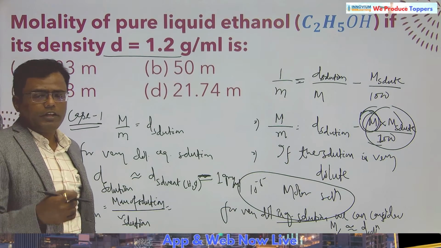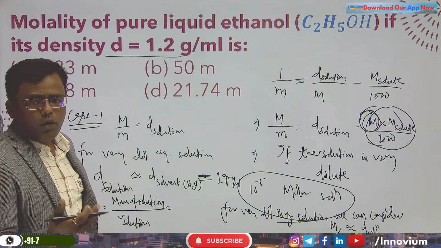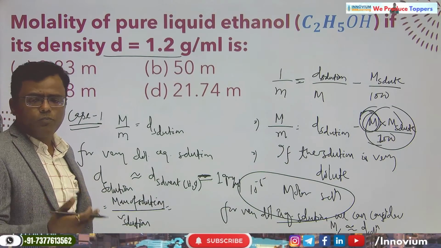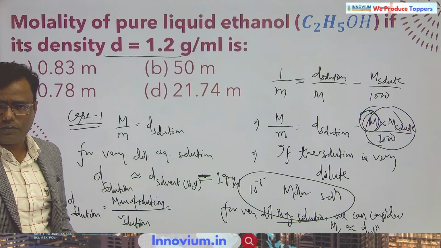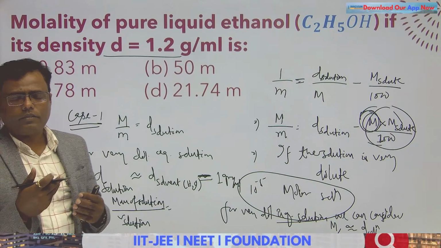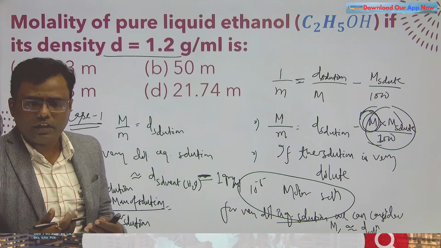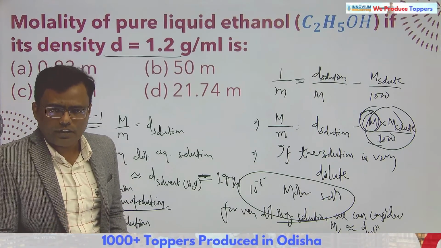Solute is present in a very negligible amount. So whatever mass is there in the solution is mainly due to the mass of solvent. And whatever volume of solution is there is also due to the volume of solvent, because the solute amount is negligible. So solute mass is negligible, and solute volume is also negligible.